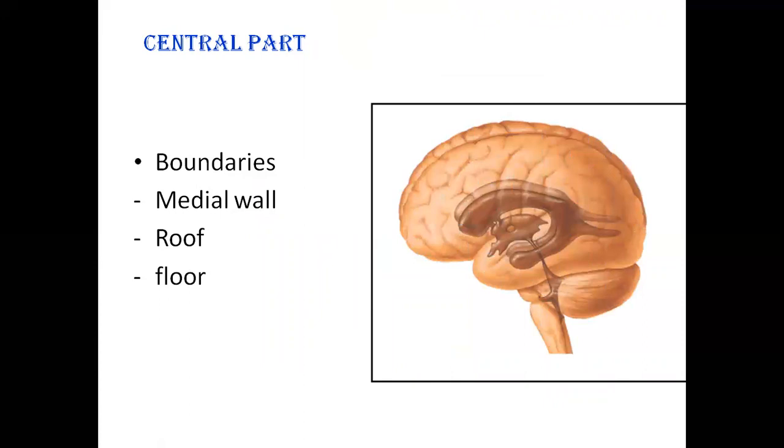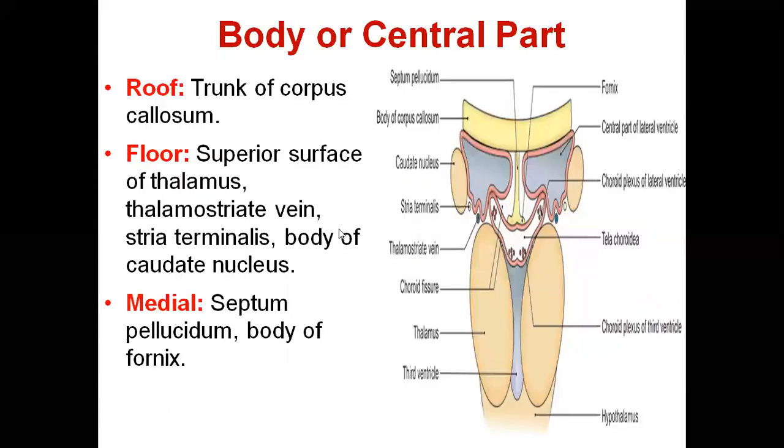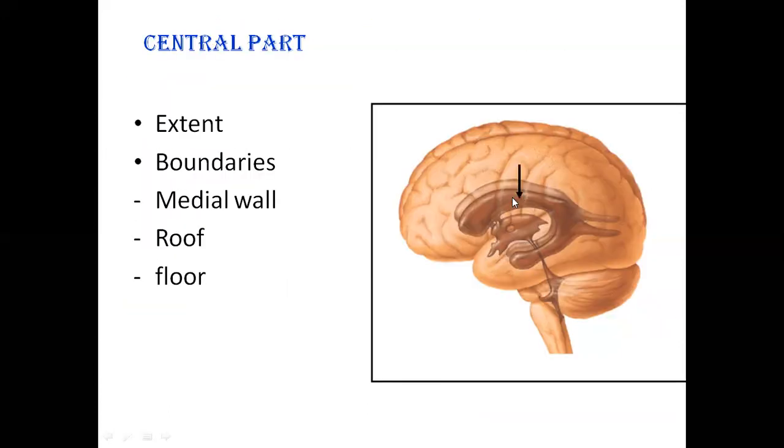Now let us talk about each part of lateral ventricle: central part, anterior, posterior horns, inferior horns, because this is all part of usually essay question. So in central part, we will see the boundaries, we will see medial wall, roof and floor. Okay, this is the central part, also called as body.